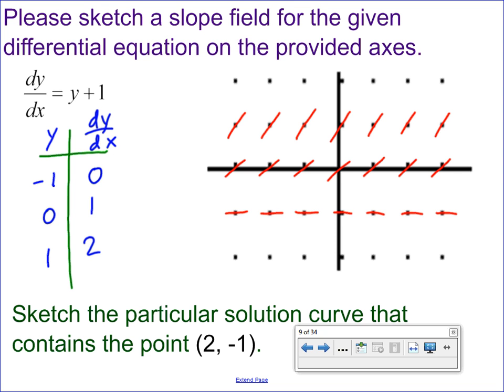I bet when y is 2, then the slope is 3. Yeah, so a little bit steeper still. And when y equals -2, then -1 is our slope. Are you guys doing that? Wish I had picked that point.